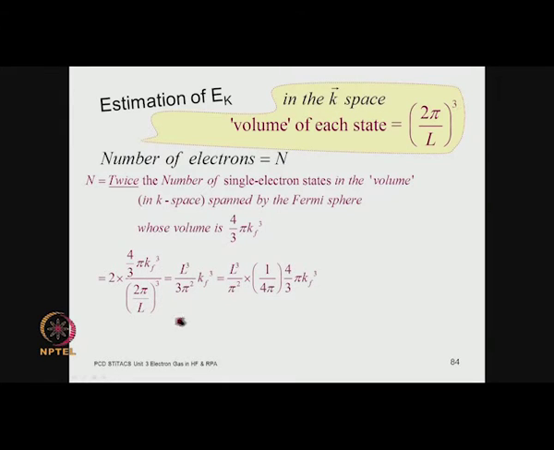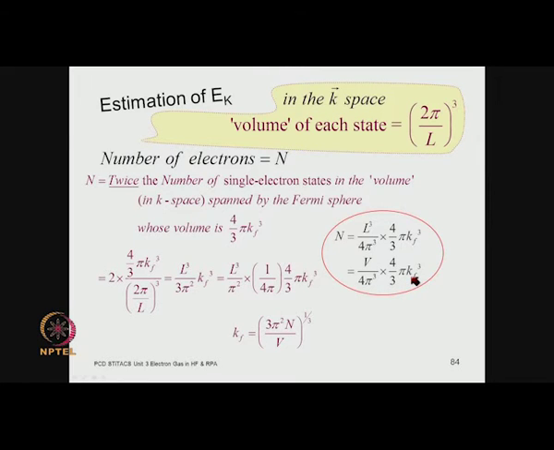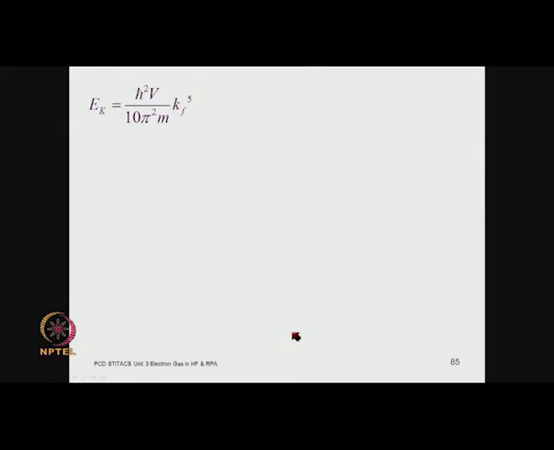Then you can rearrange these terms, do a little simplification, which is quite straightforward, and you find that n turns out to be given by the cube of k, and k turns out to be the 1/3 power of n over V, which is the density. Okay. So, these are the two forms that we get.